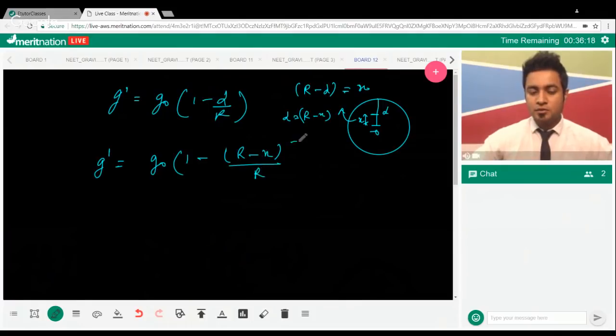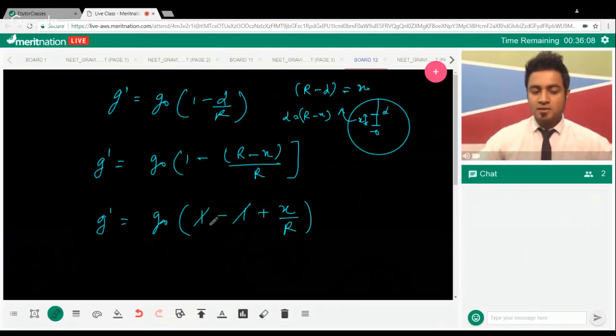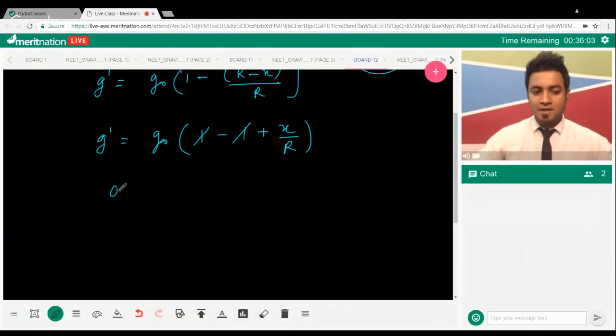And g dash comes out to be g naught times 1 minus 1 plus x upon r. The 1 will get cancelled out, and you can see that we have a gravity relation that is linear with the distance, isn't it?